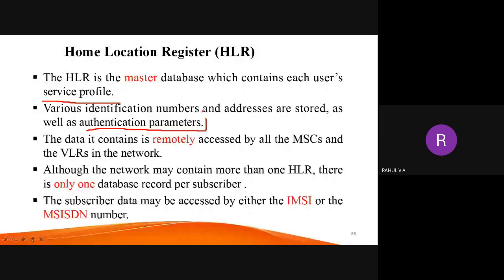What we are doing is designing SIMs in such a way that every SIM has a particular number, and with this number we have to submit an application form. Based on this application form only, they will register this SIM, so that any call or data services to this SIM can be traced. So that is the importance of the HLR.